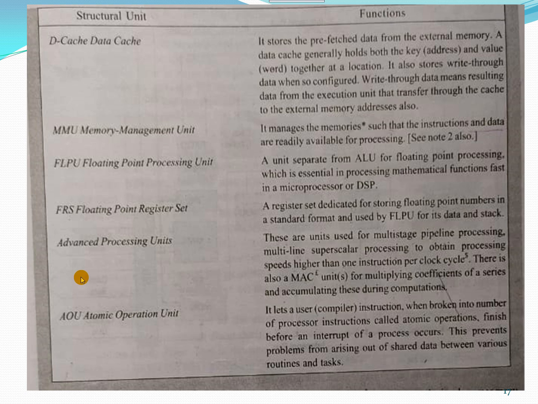In the processor there may be frequent interruptions. So before processing a particular interrupt, we need to finish those particular instructions. Those kinds of instructions can be labeled as atomic operations.